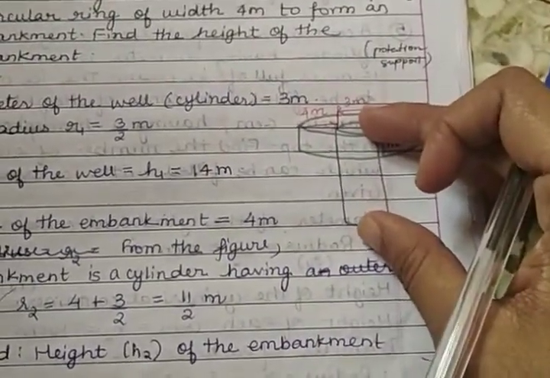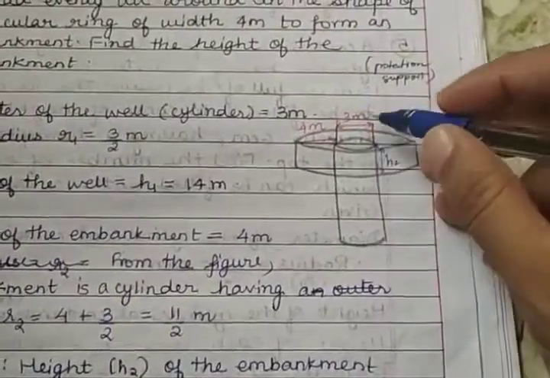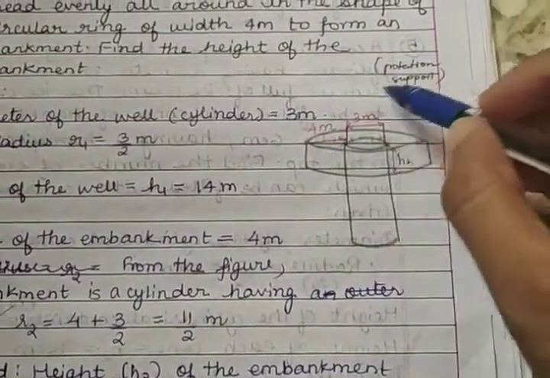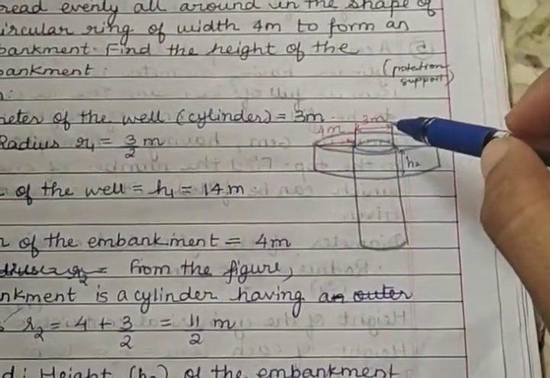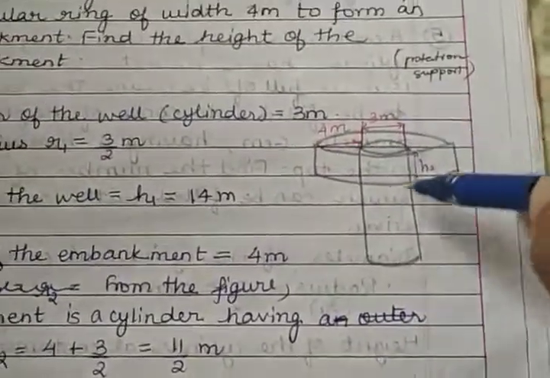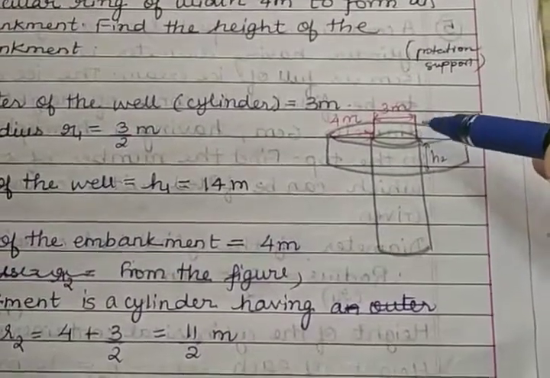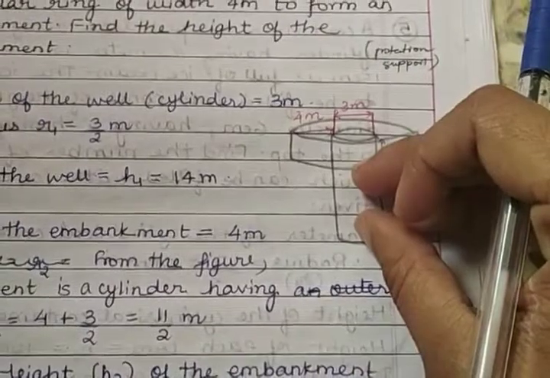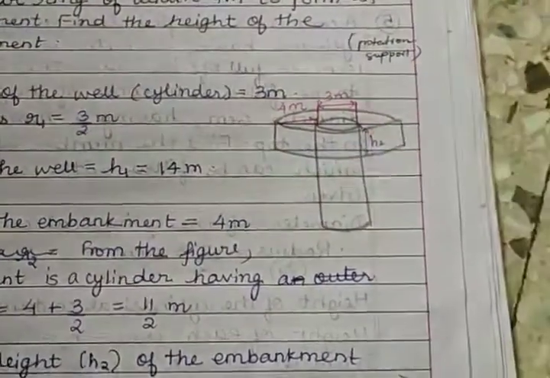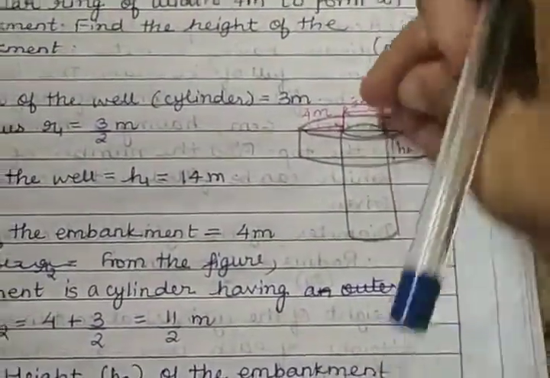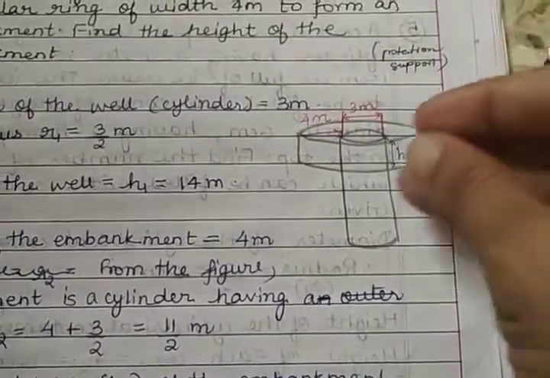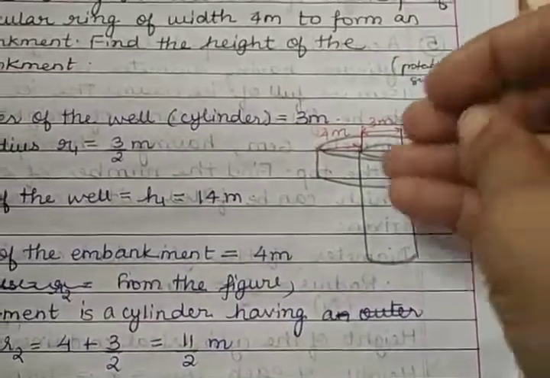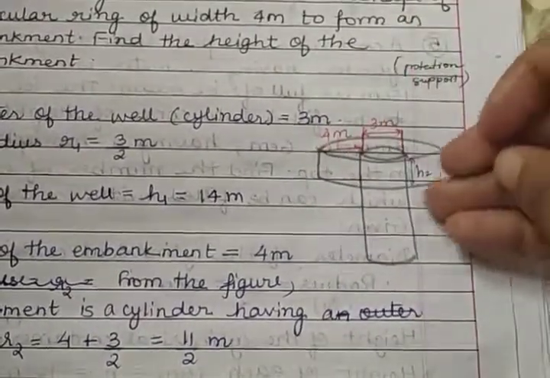Now the earth, meaning the soil which is taken out from this well, is spread evenly around this well in the shape of a circular ring of width 4 meters to form an embankment. Whatever soil has been obtained while digging the well is taken out and spread evenly around the well.